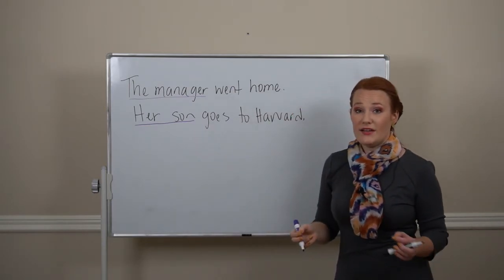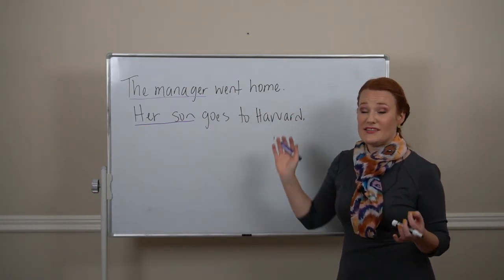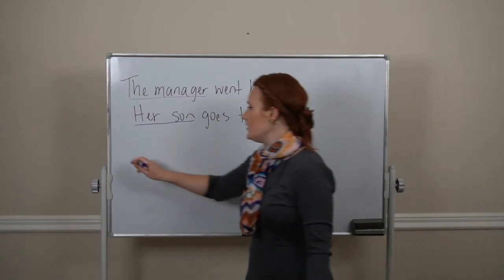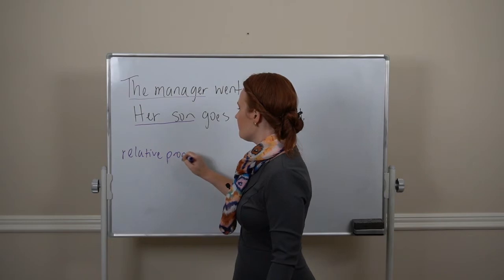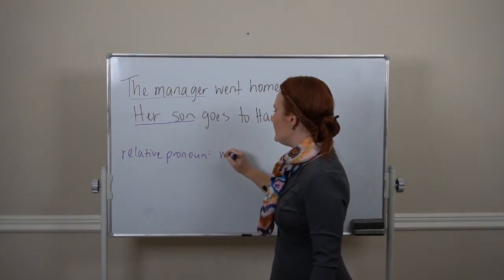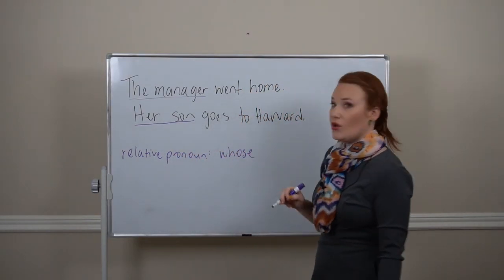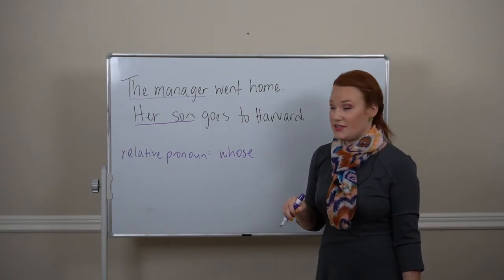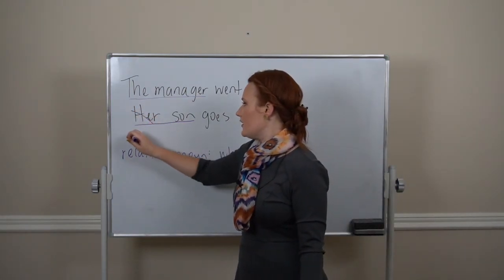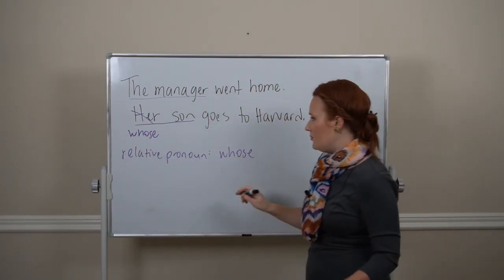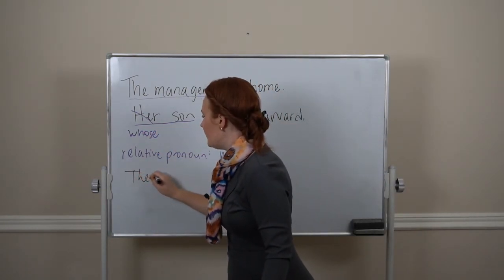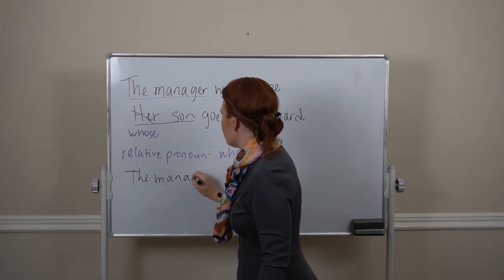So when we have a relative clause with a possessive, the only relative pronoun we can use is whose. This will show possession. So we replace this with whose. Then we put it right after the noun it's describing.